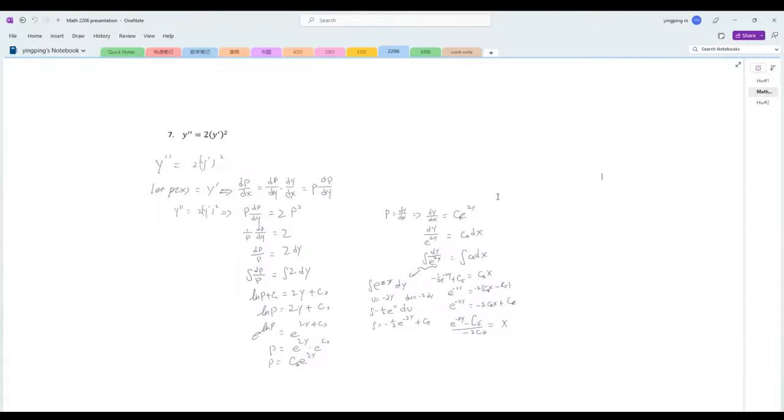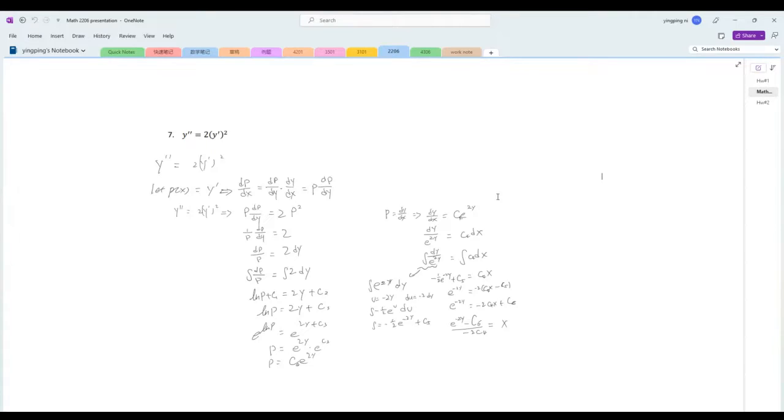Let p of x equal y prime, then we have dp/dx equal to dp/dy times dy/dx, which equals p times dp/dy. Then p times dp/dy equals 2 times p squared, and 1 over p dp/dy equals 2.